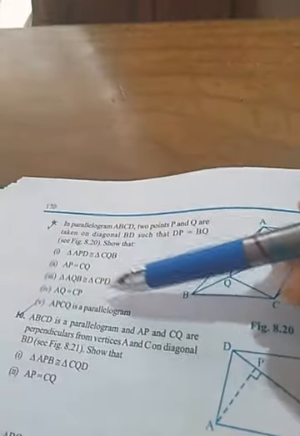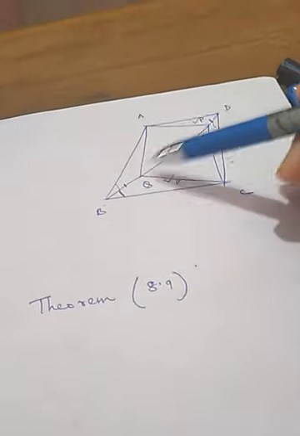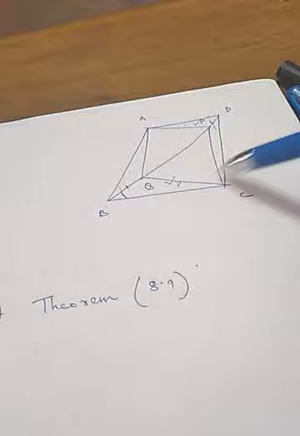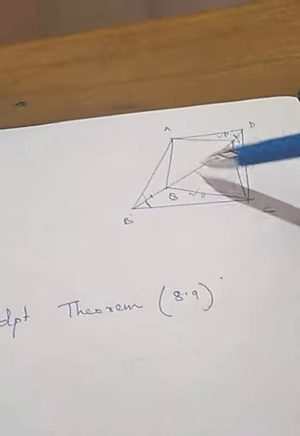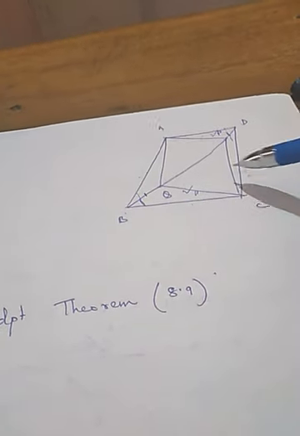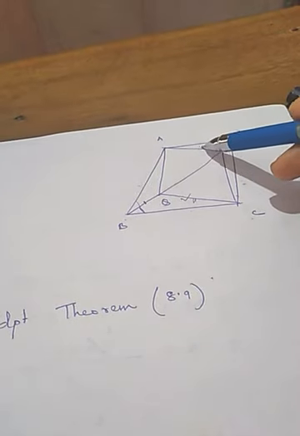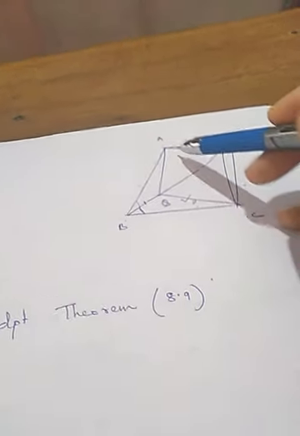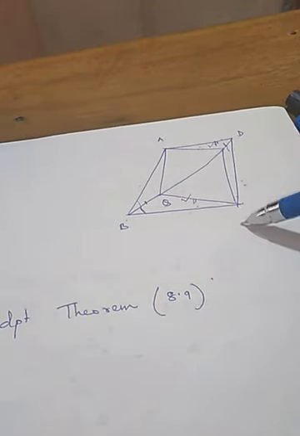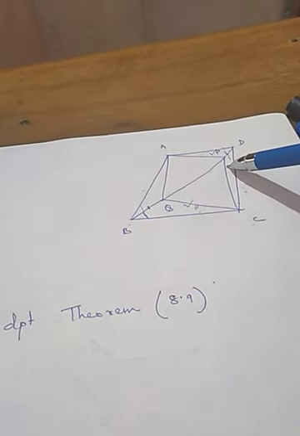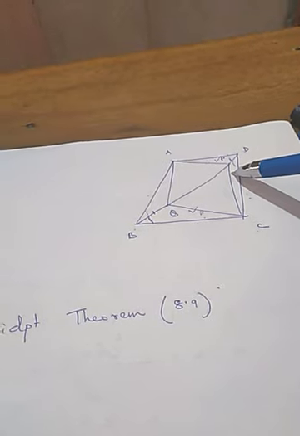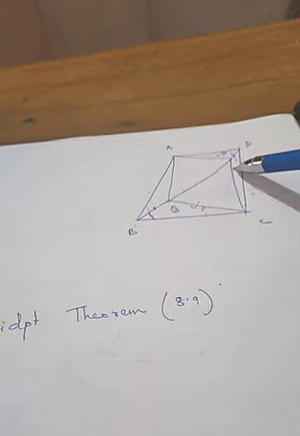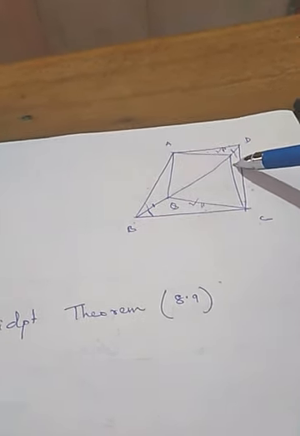Now number 5, given what? That APCQ is a parallelogram. Now you know APCQ, that is the inside one. We have to prove that it's a parallelogram. Now to prove it's a parallelogram, you have already proved that AP equals CQ from 2, and AQ equals CP from 4.